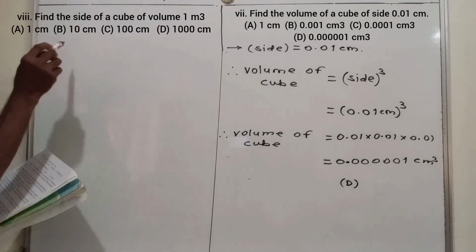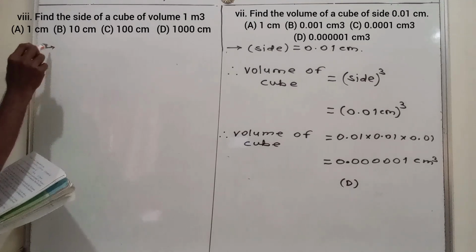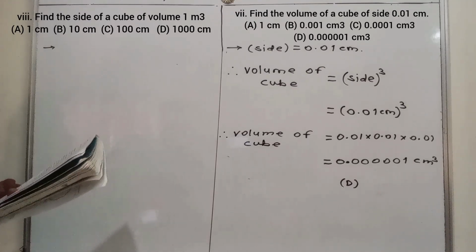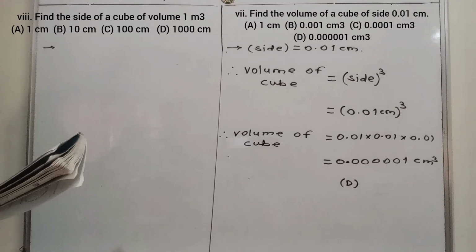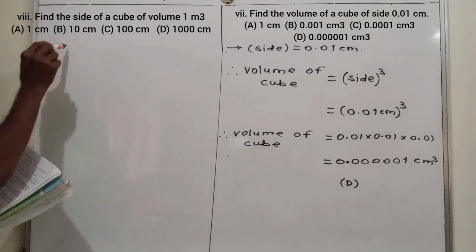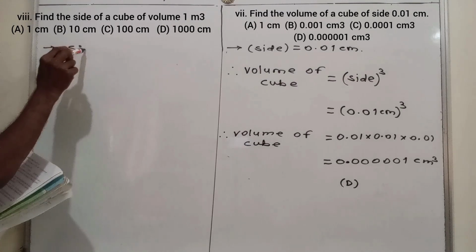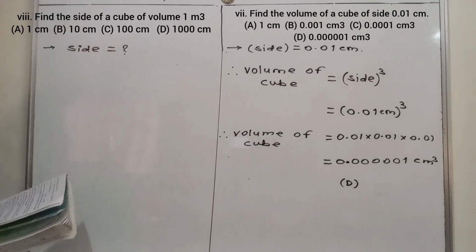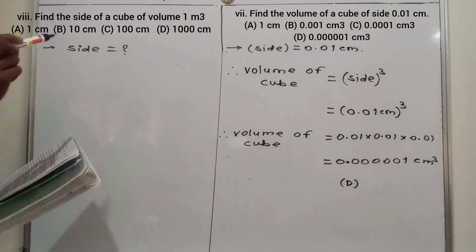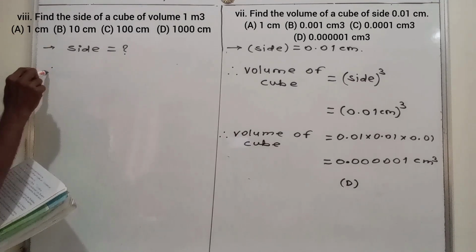Now question number 8. Find the side of a cube of volume 1 meter cube. Now we don't know length of that side, but we have given volume of that cube.